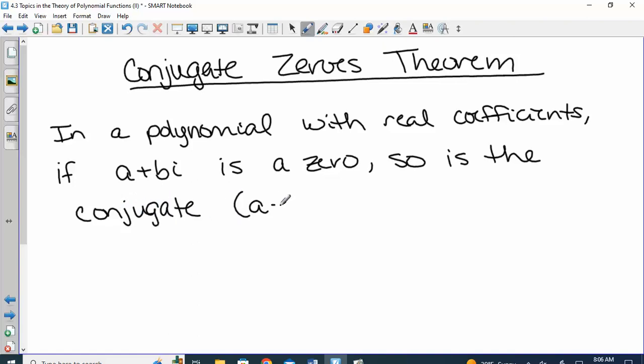Remember, conjugate, all you do is change the sign on the imaginary part. Does that make sense?